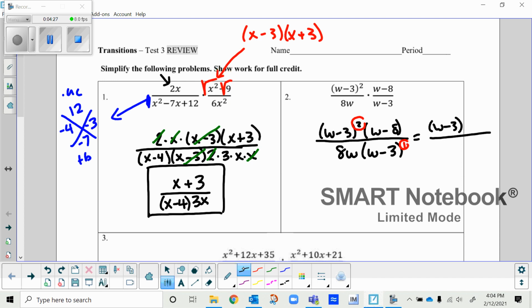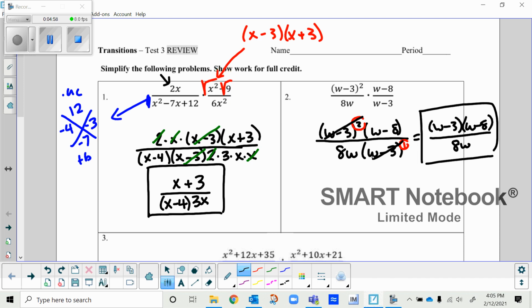And so my power for my answer is w minus 3 to the 1. Also remember, we don't have to write the 1. So I'm going to actually erase it. And then I have w minus 8 on top and an 8w still on the bottom. So basically we canceled out 1 w minus 3 on the top and bottom, which left us 1 remaining on top.